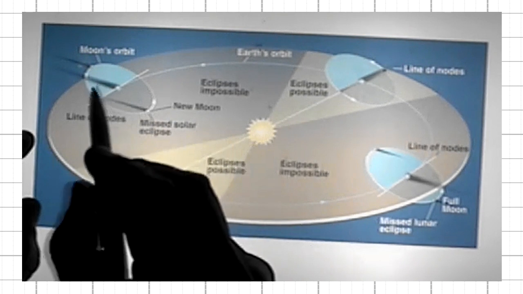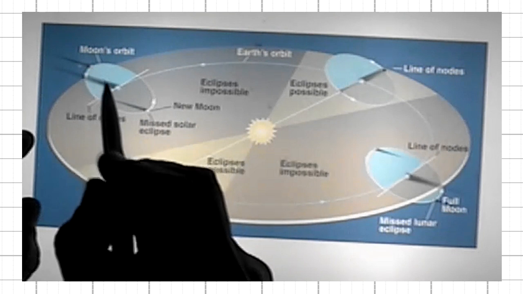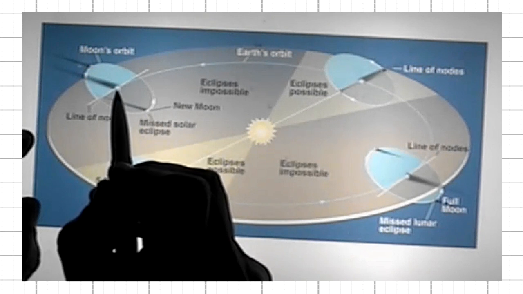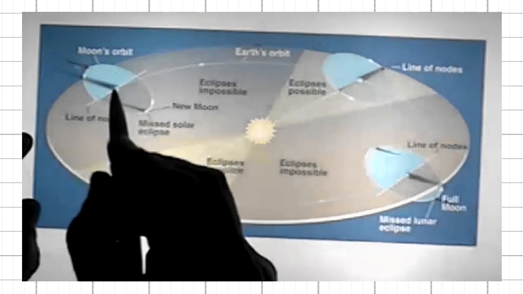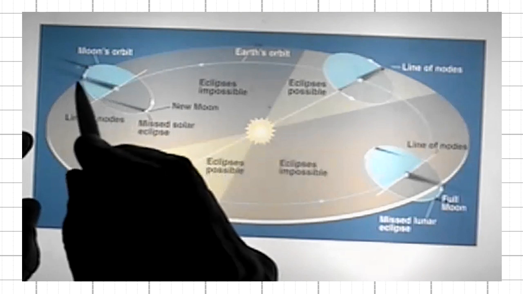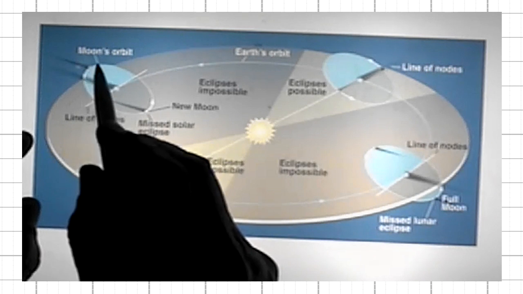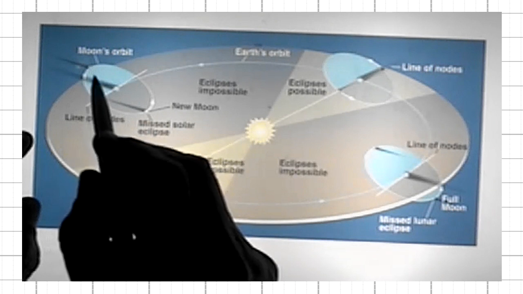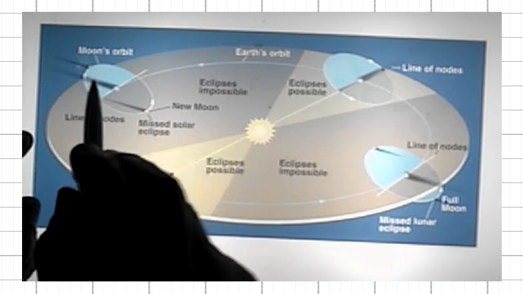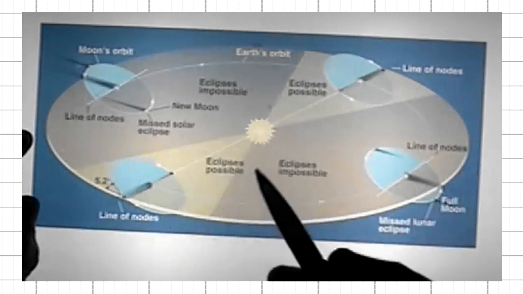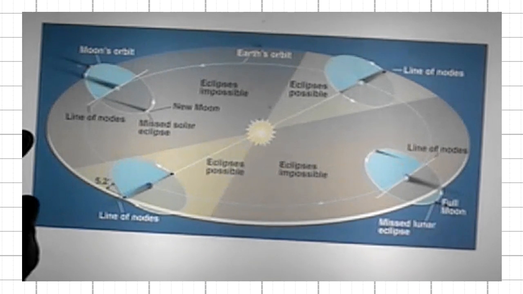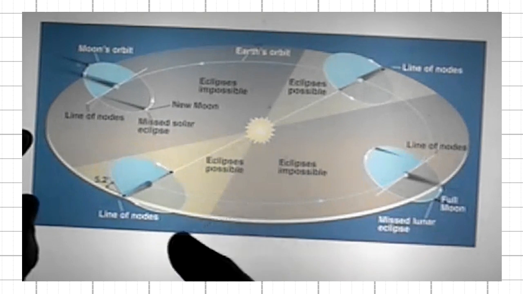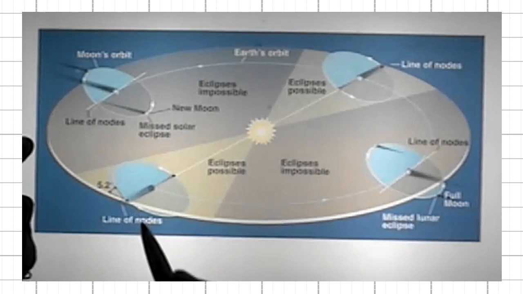By the same token, it's not possible to have a lunar eclipse because when we have this configuration, the Earth's shadow misses the moon when it is full moon, and therefore we cannot have the lunar eclipse. The eclipses happen either as a solar eclipse when the moon casts the shadow on Earth, or when the Earth casts the shadow on the moon, a lunar eclipse.